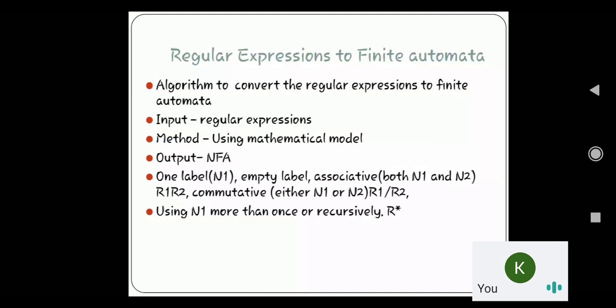So here we have an algorithm for converting your regular expression to finite automata. What are the steps, or the various formats or techniques, that we have to convert a regular expression to a finite automaton?